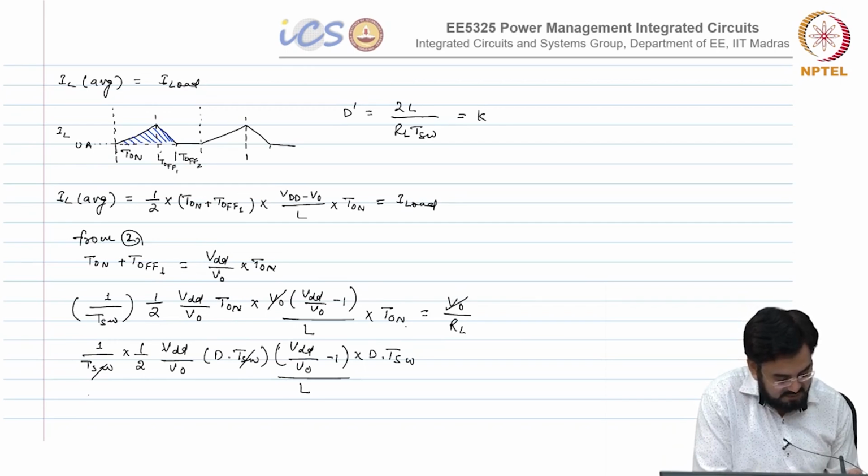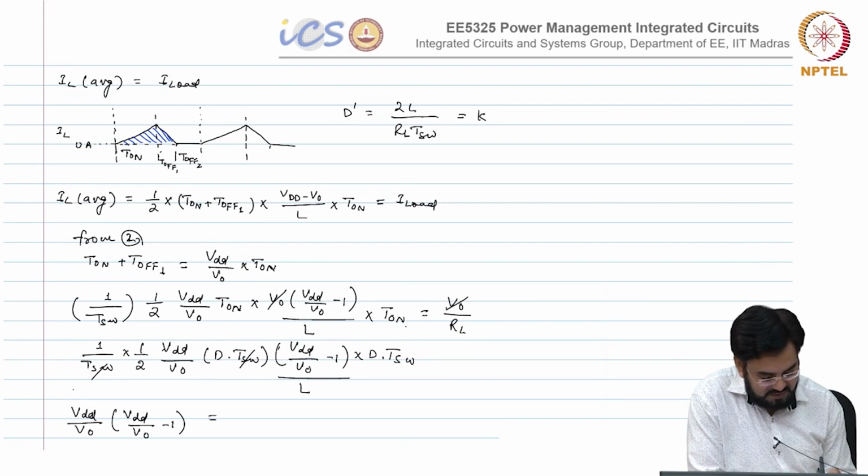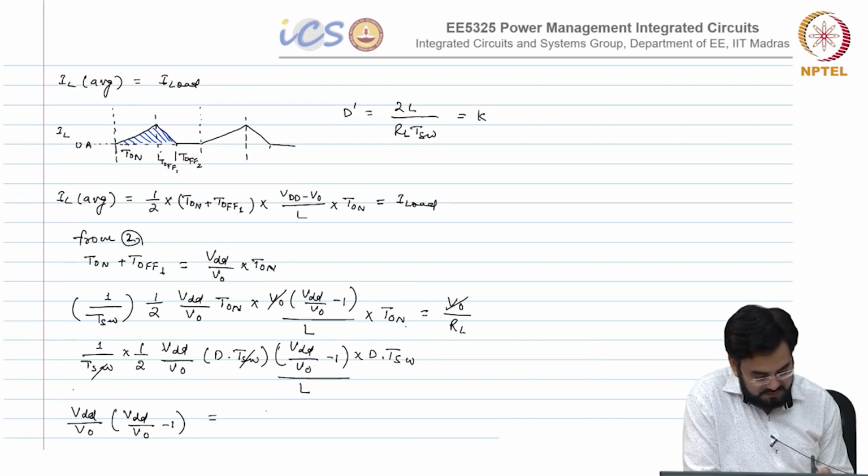So what you have is D square. So VDD over V out into VDD over V out minus 1 equal to D square equal to twice L over RL TSW.